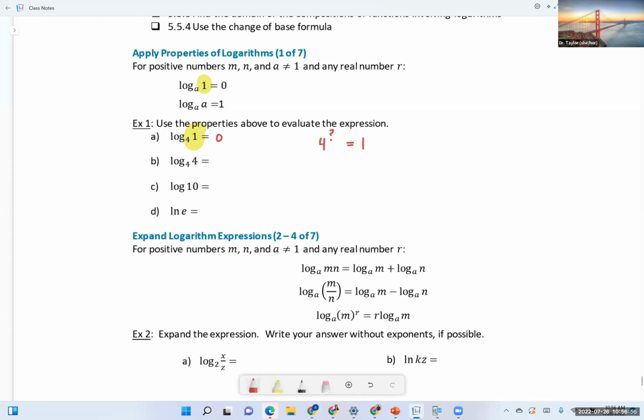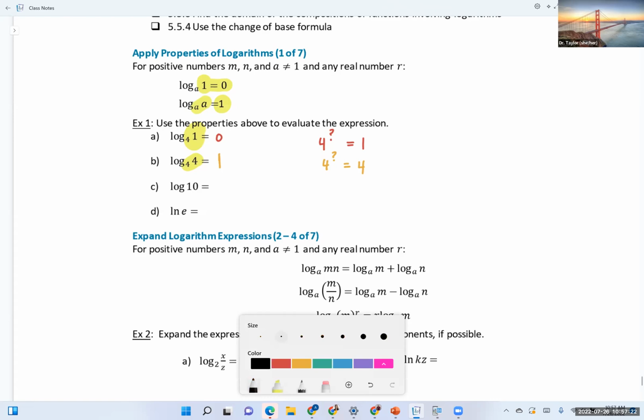So this one, B, says 4 to the what power equals 4? Well, that's 1. So anytime you have the same base and argument, the answer is 1. There you go. Anytime your argument is 1, the answer is 0. I could give you 1,000 questions on this and it would always be the same.